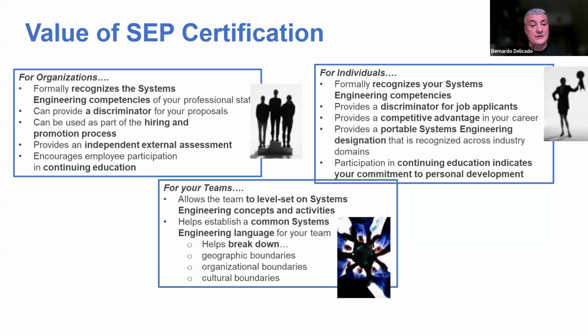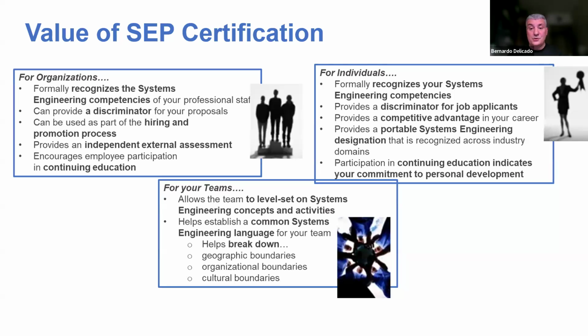Formally recognize the system engineering competencies of your professional staff, can provide a discriminator for your proposals, can be used as part of the hiring and promotion process, provides an independent external assessment, encourage employee participation in continuing education.